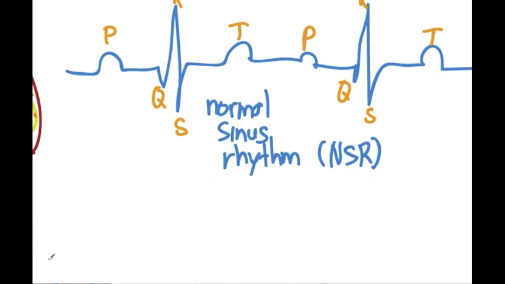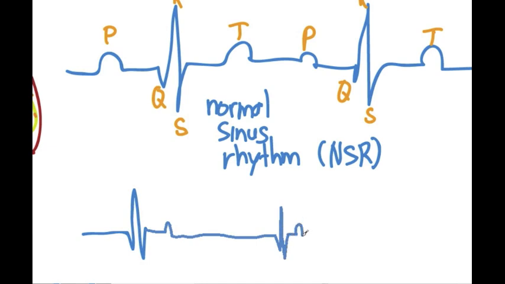Well, let's take a look at one of these. So if you had something like this, you can see here that this is a little different. There's no P here. There's no P here.